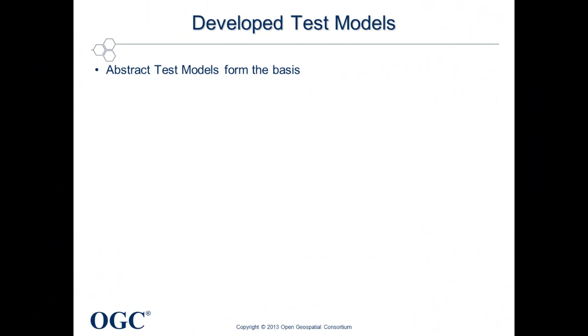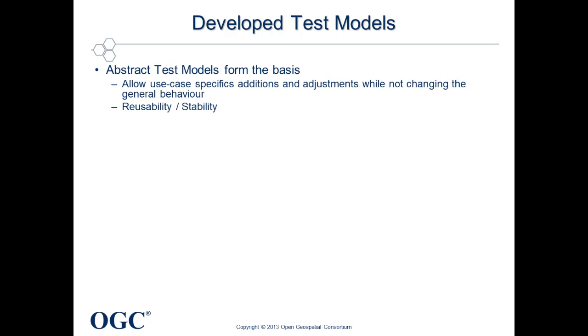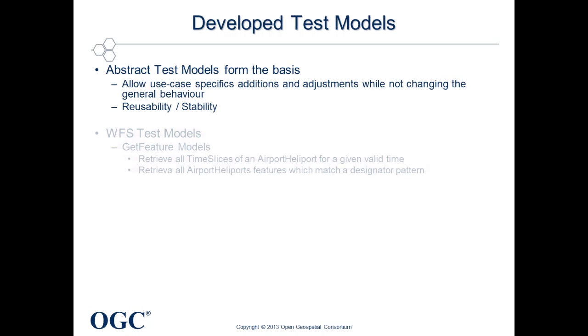The foundation for the assessments of services are a set of abstract test models, which are based on the commonly used interface methods of the aviation web services. Abstract test models allow use case-specific adjustments while not changing the general behavior. The following 3 types of abstract test models have been developed.